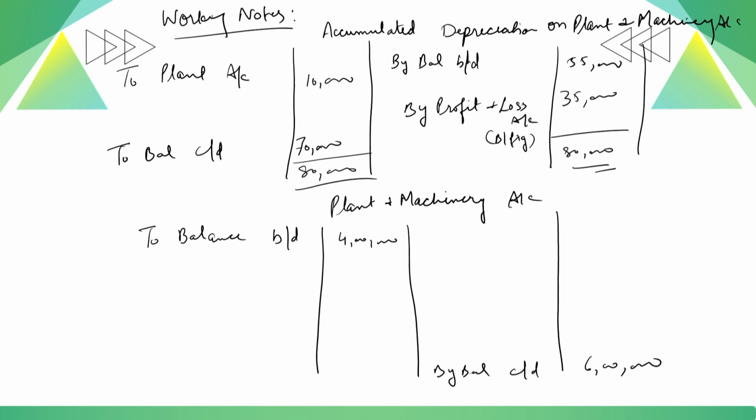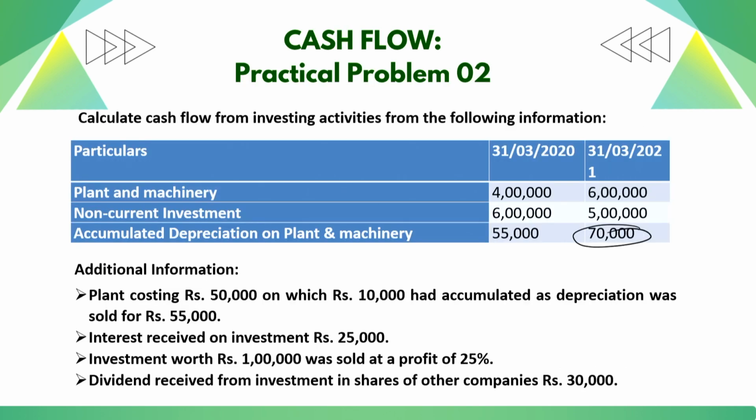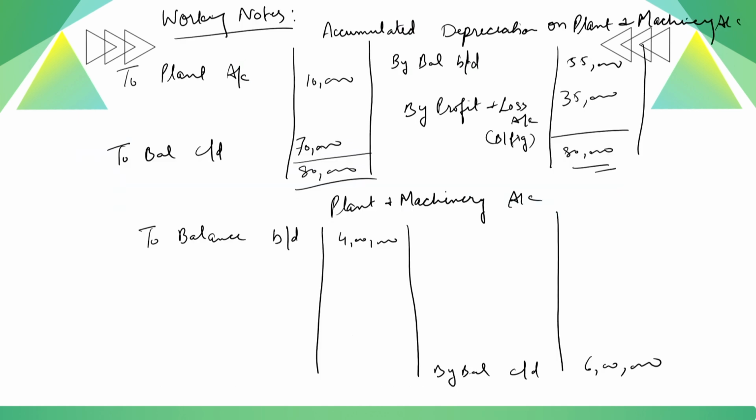And during the year we sold a plant for rupees 55,000. So by cash, the plant is sold for 55,000, and the depreciation we have already seen above, that is 10,000. So we mark it here by accumulated depreciation account, that is 10,000 rupees.